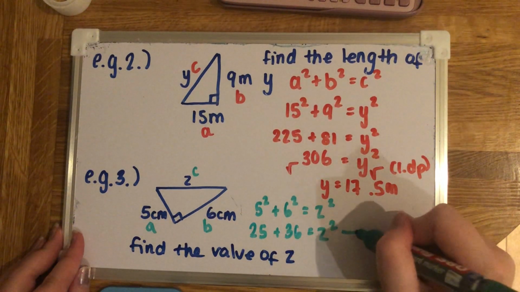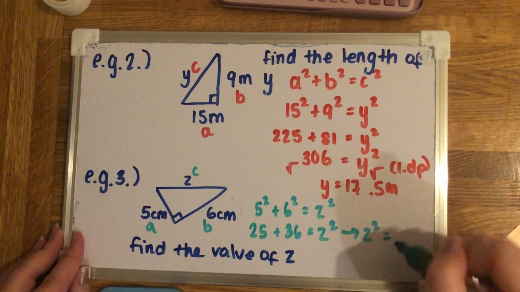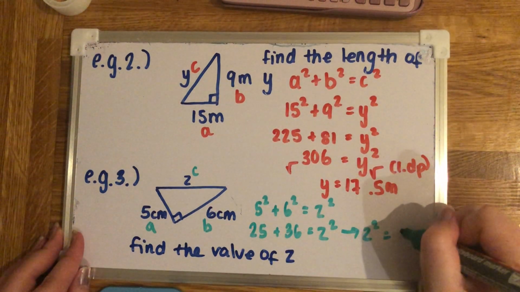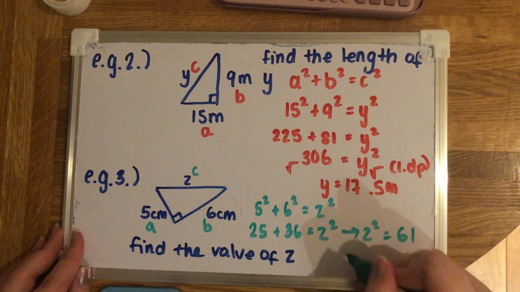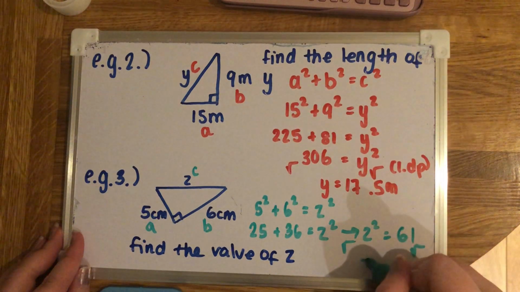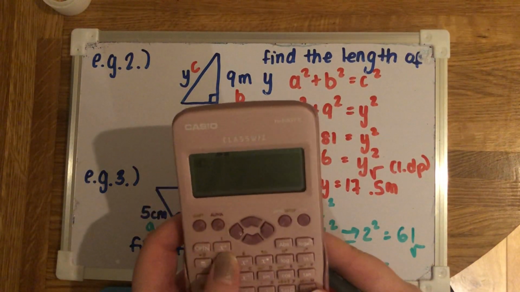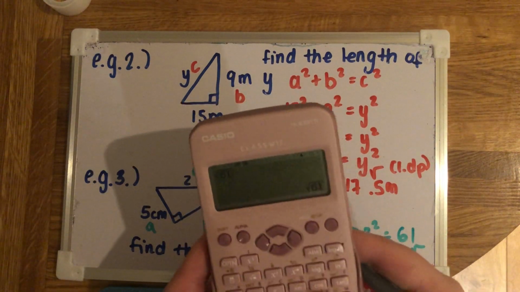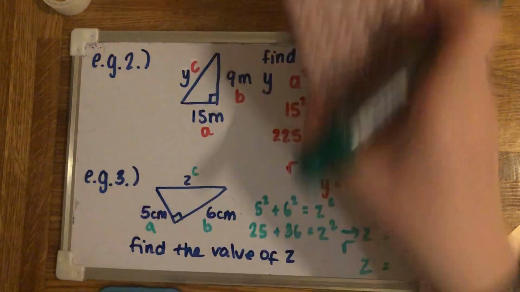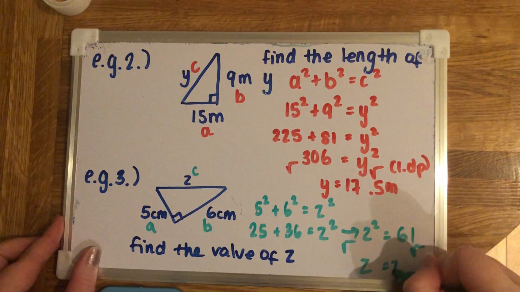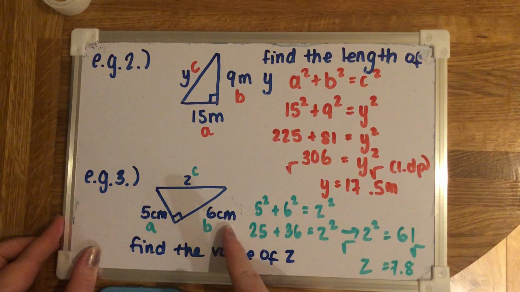And then we add those two together, so z squared is going to be equal to 61. And then we square root it at the end. So the square root of 61, again, will be a decimal, 7.8. And that would be centimetres.